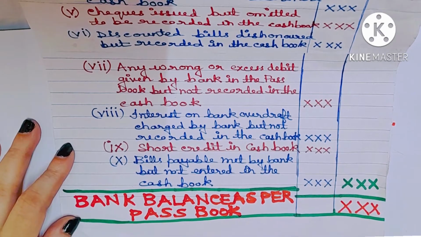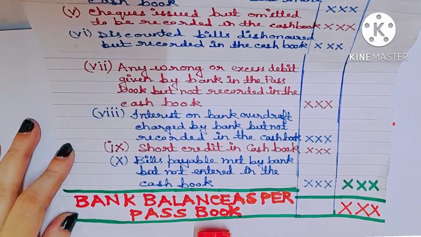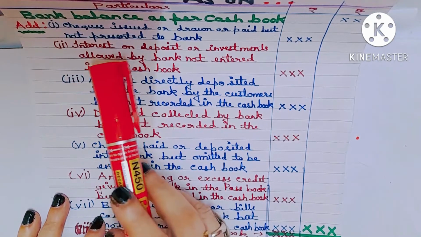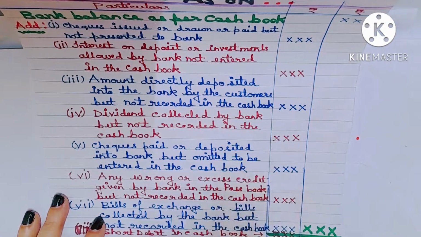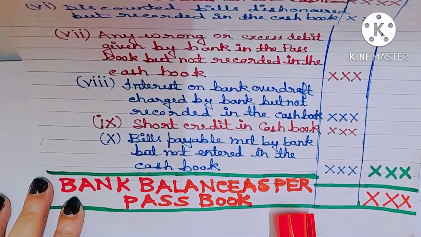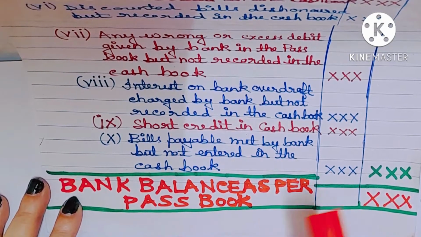Suppose the bank reconciliation statement is started with the bank balance as per passbook, then the answer arrived at in the end will be bank balance as per cash book. Understood? Since the bank reconciliation statement is started with the bank balance as per cash book, the answer arrived at in the end will always be the bank balance as per passbook, or vice versa.